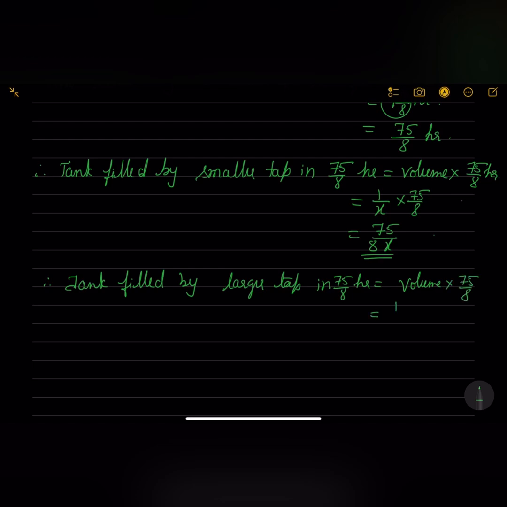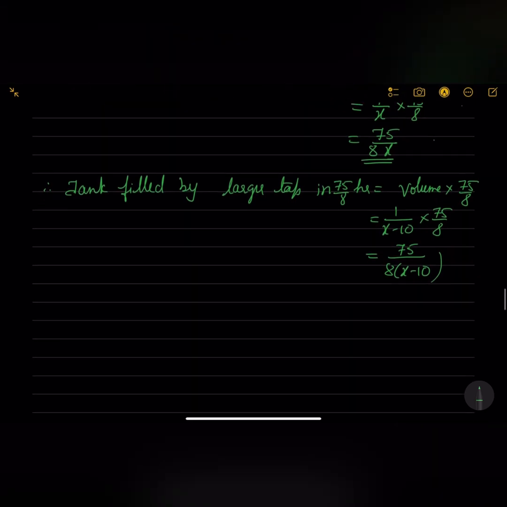The volume is 1 by x minus 10 into 75 by 8, so that will be equal to 75 divided by 8 into x minus 10. So this is what we have.